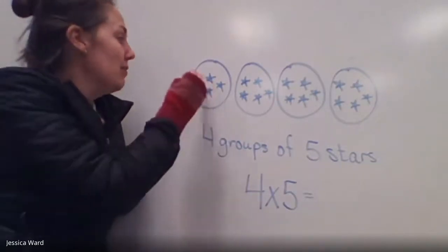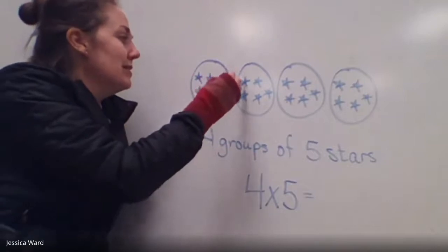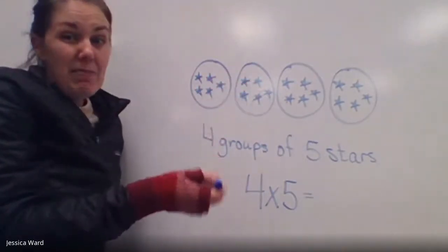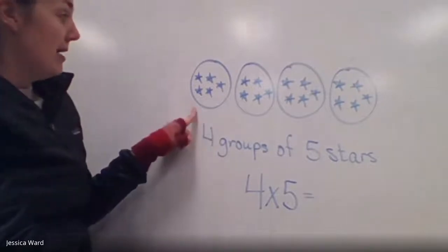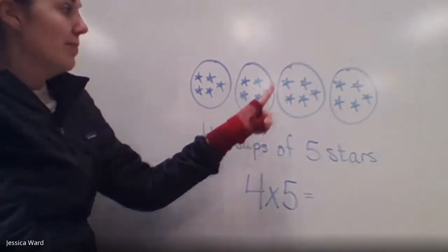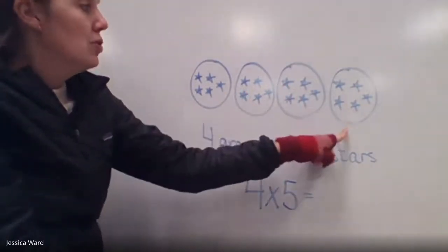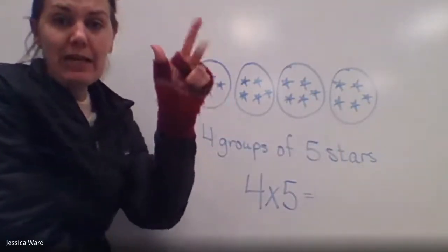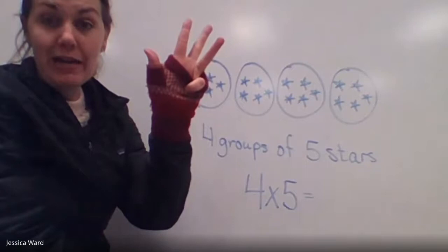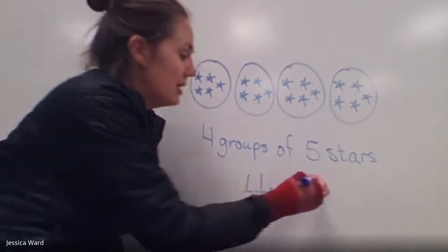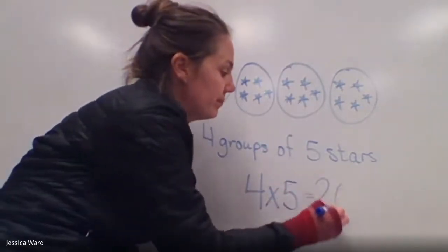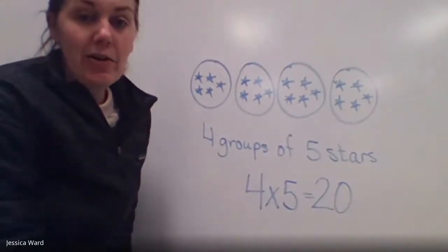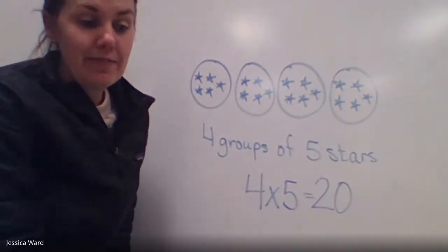So instead of counting 1, 2, 3, 4, 5, 6, 7, 8, 9, 10, I'm just going to skip count by 5. So I have 5, 10, 15, 20. So 5 4 times, 5, 10, 15, and 20, I added up 5 4 times, is going to equal 20. Okay? So for C, go ahead and write in 20.